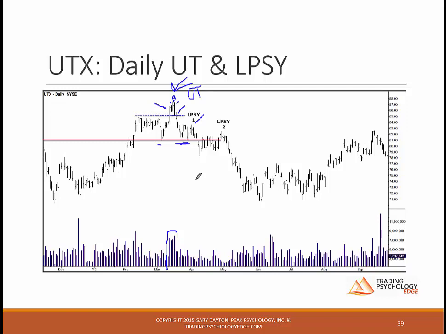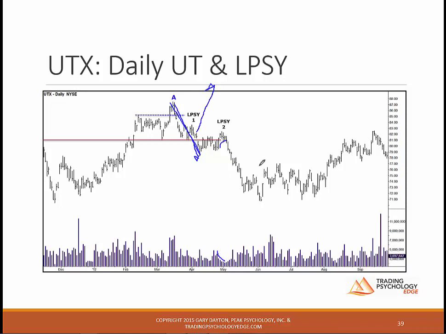Okay, but what happens with this? We don't see this market holding in here and rallying back up, which is what it ought to be doing if this support is valid. It does just the opposite. It drops down here, and we now have an even larger sign of weakness, a larger reaction down. This support now is not really holding, and we come back up here and we see volume diminish up in here.